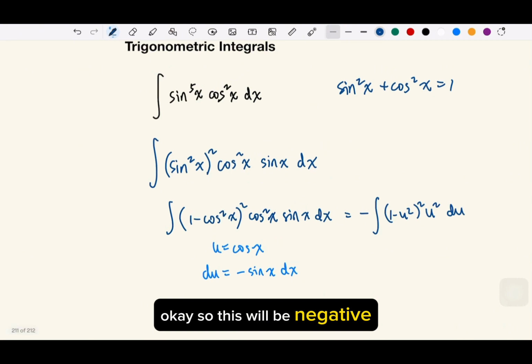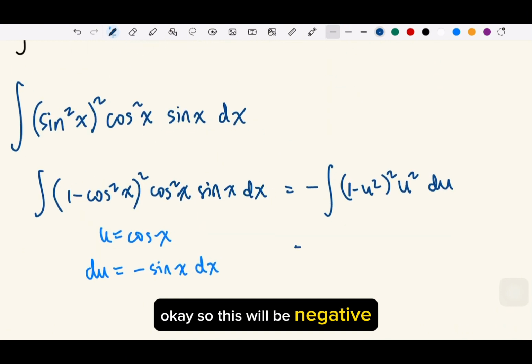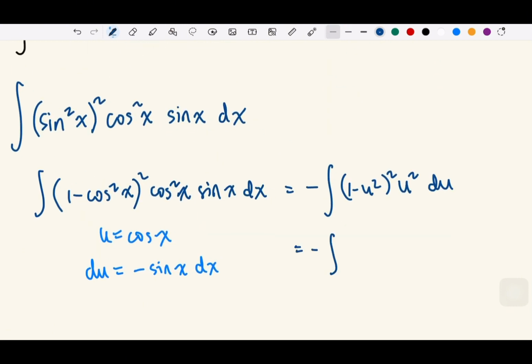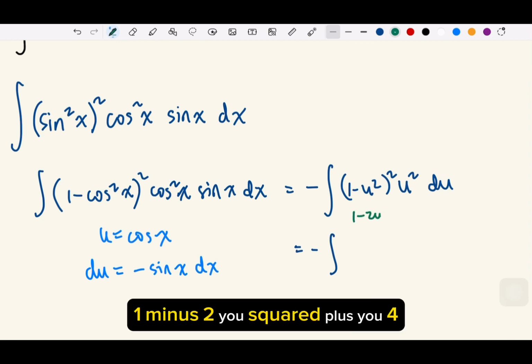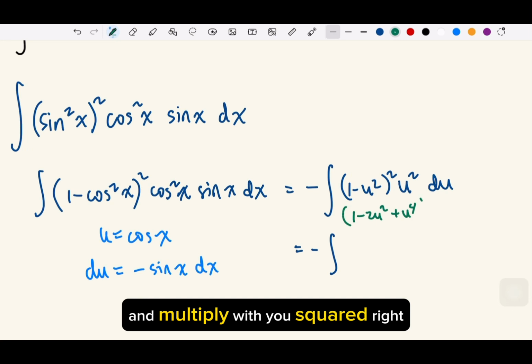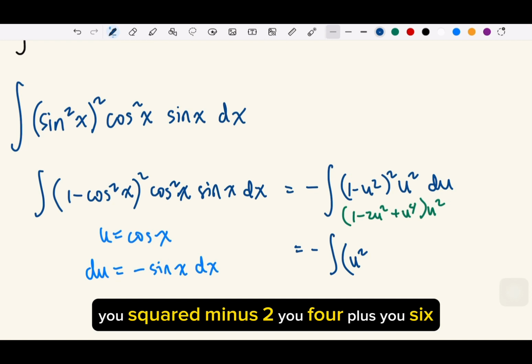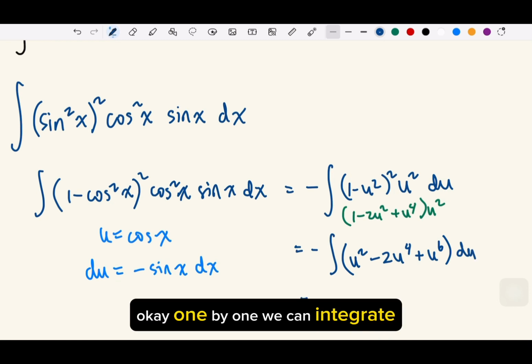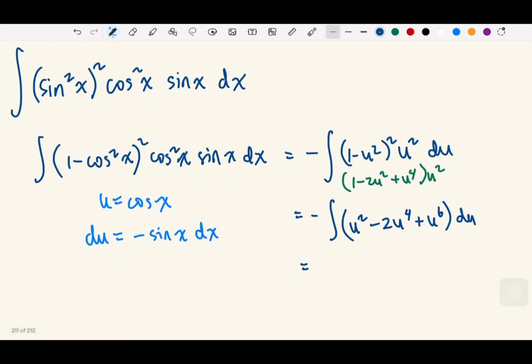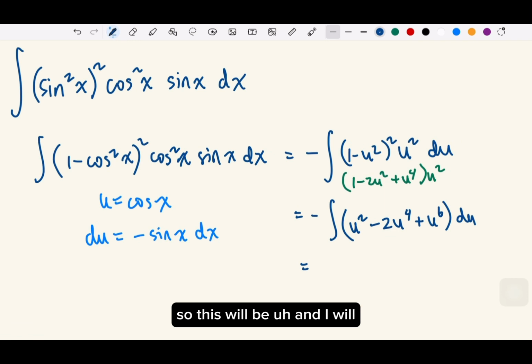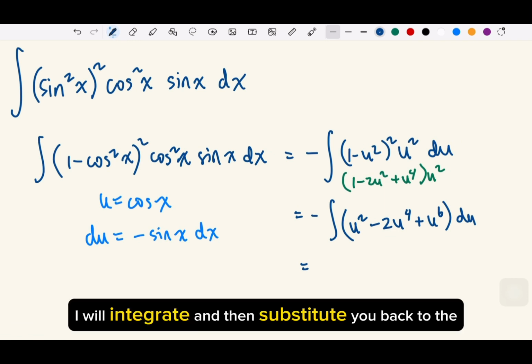So this will be negative, 1 minus 2u squared plus u to the 4th, multiplied by u squared. So we will have u squared minus 2u to the 4th plus u to the 6th. One by one we can integrate, and then substitute u back to cosine x.